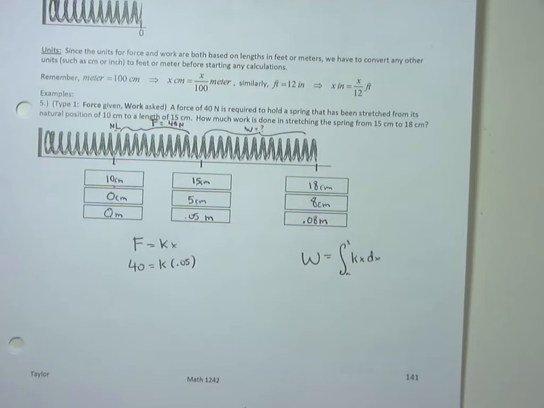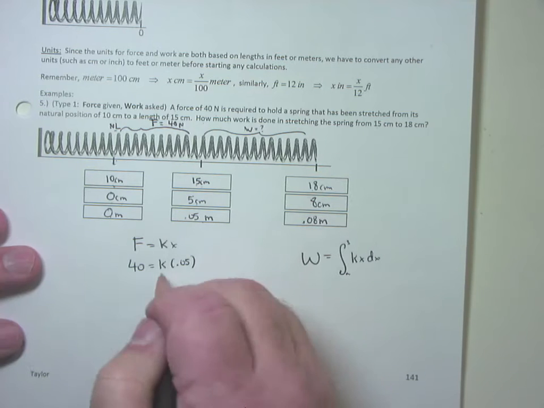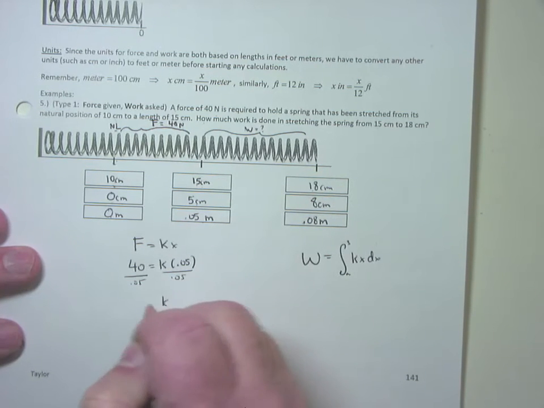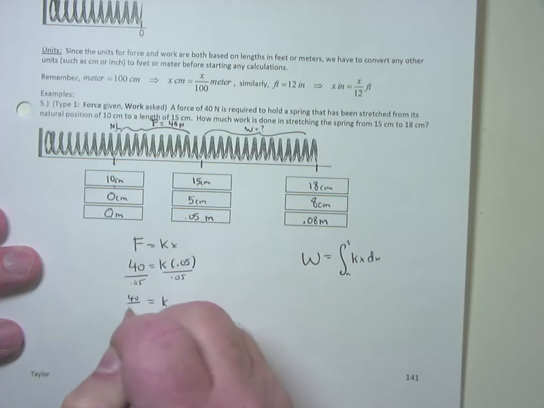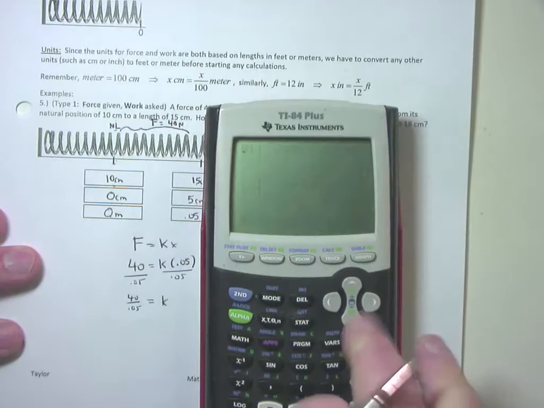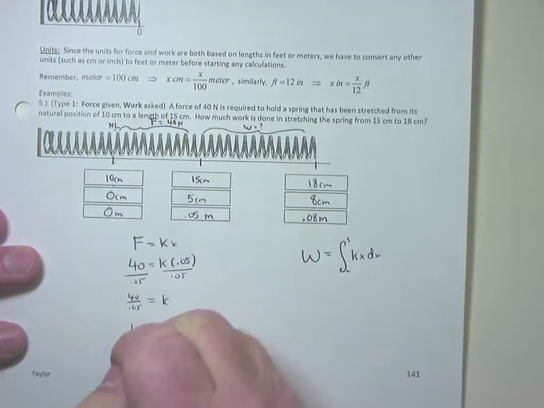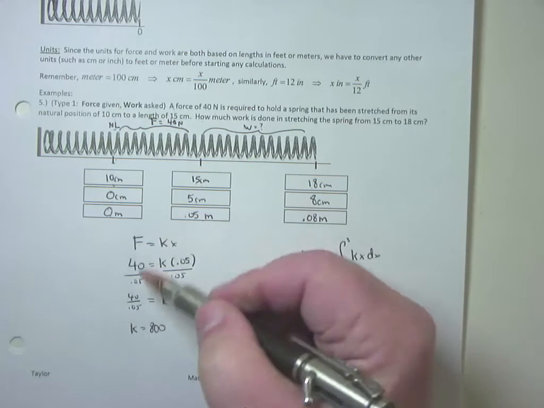It's an equation. Divide by 0.05 on both sides, and I get k to be equal to 40 divided by 0.05, and I'll stick that on the old handy dandy calculator here. 40 divided by 0.05 is 800. k is equal to 800, and if you wanted the units, it's force divided by distance.